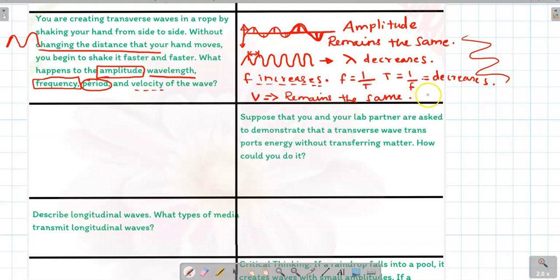So it depends on the tension of the rope and the mass per unit length of the rope. It doesn't change. It doesn't matter that you increase or decrease the number of waves. So the velocity of the wave remains the same.